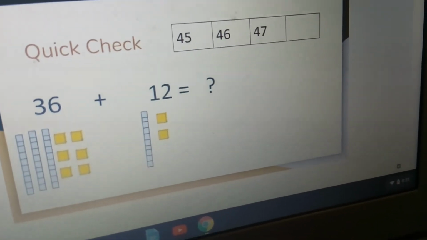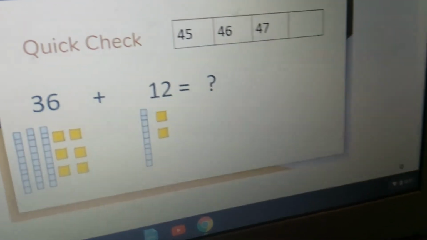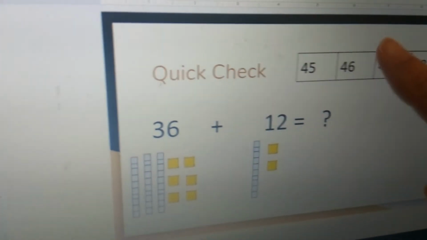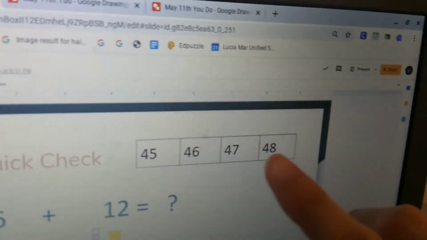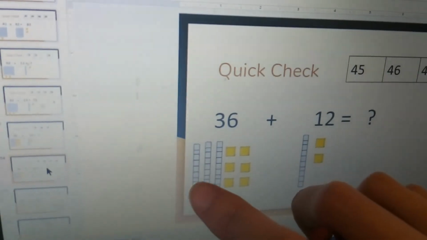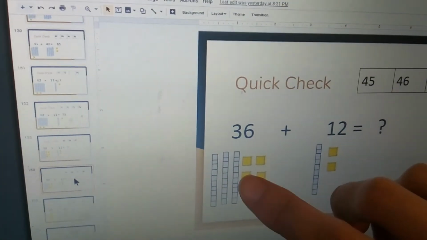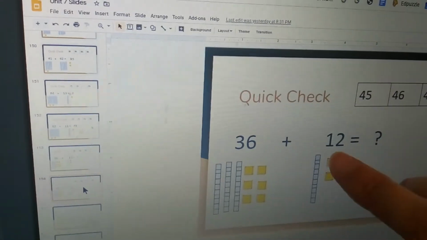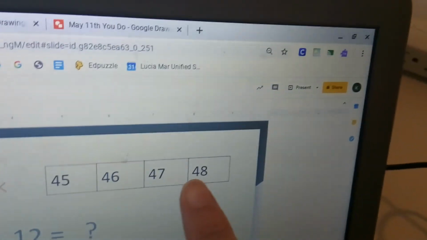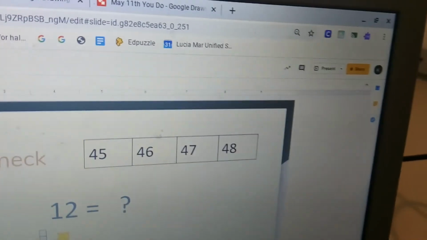So I see my missing number is 48. So let's look. 10, 20, 30, 40, 41, 42, 43, 44, 45, 46, 47, 48. Our missing number is 48.